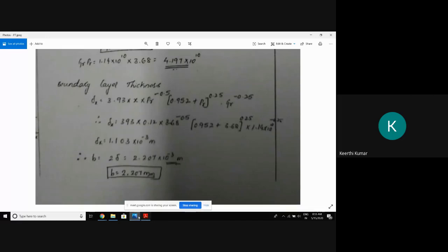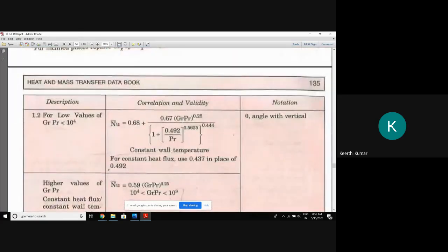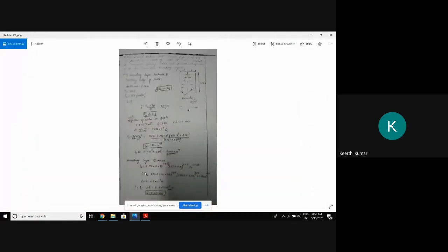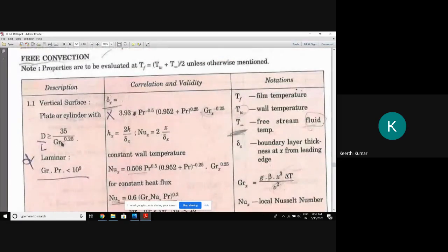So what is the delta X? We'll go for that. Delta X is 3.93 somewhere. This is for free convection.